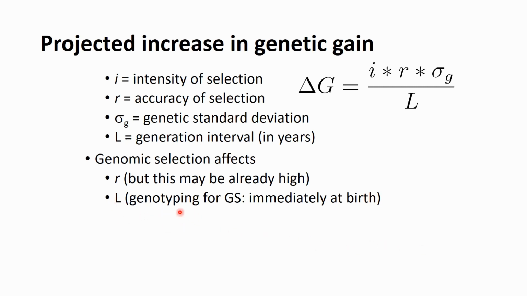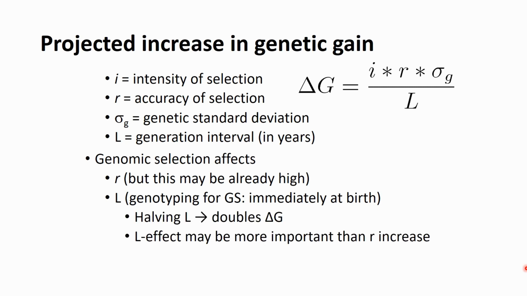Because we can genotype and decide already after birth, we cut down the generation interval from, let's say, 6 years to 2.5, 3 years. So effectively, we are halving the generation interval, which actually doubles the genetic gain, which is huge.